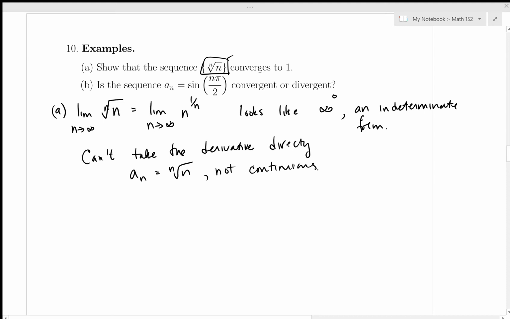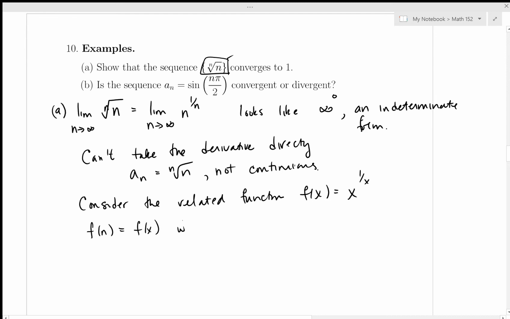So we save ourselves by saying consider the related function, which is continuous, f of x equals x to the 1 over x. So you can see what's happening here is that f of n is equal to f of x when x is a positive integer.